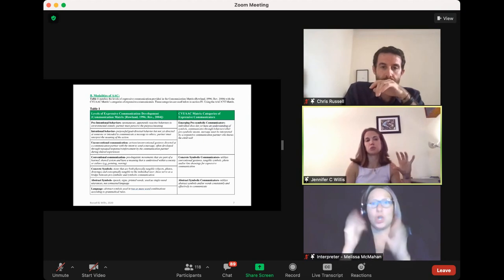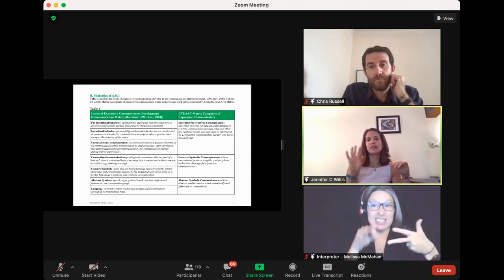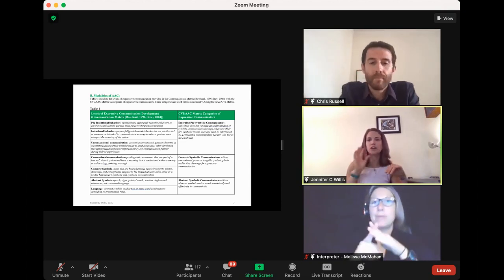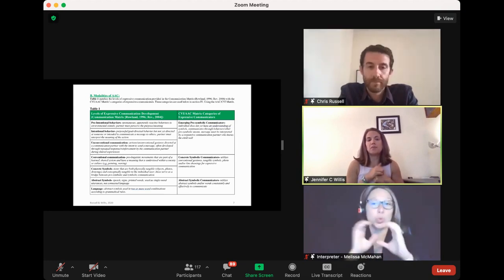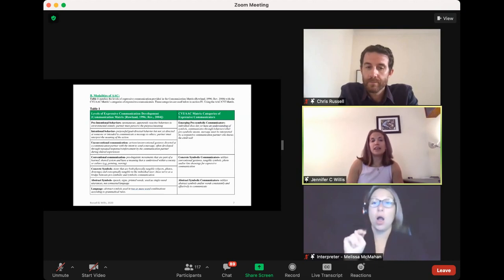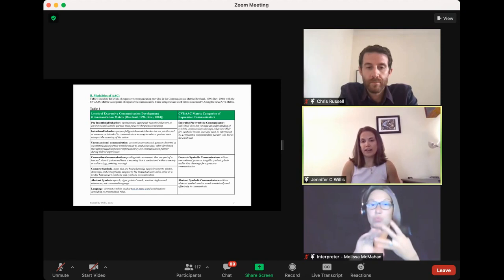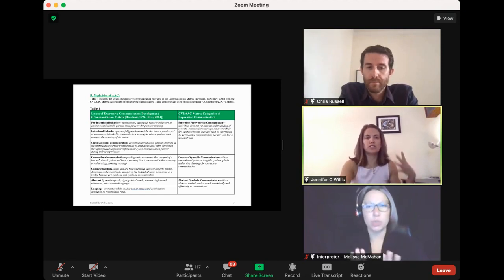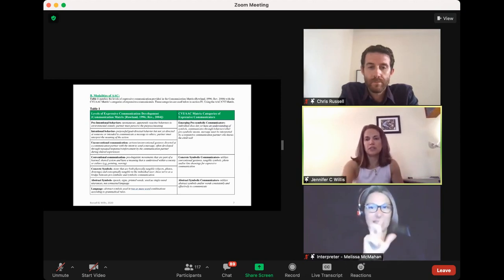So you'll see that the first 3 levels that we just talked about are grouped into that emerging pre-symbolic communicator, those that are not using formalized modalities of communication yet to express things. And then now we're going to start getting into our concrete communicators. And then the final 2 levels, you'll see we group as our abstract symbolic communicators. So this just gives you an indication of how the 7 levels from the matrix itself match up with the 3 in our document.